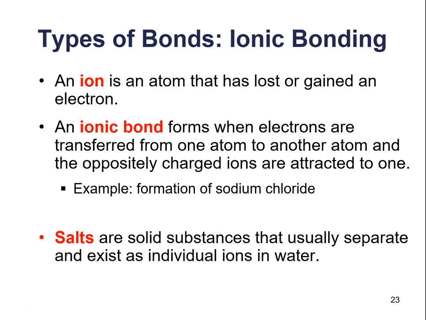The first one we're going to talk about is ionic bonding. An ion is an atom that has lost or gained an electron. So think about that: if it loses or gains an electron, now it's going to have a charge. It's no longer going to be neutral. In an ionic bond, electrons are transferred from one atom to another atom, and the oppositely charged ions are attracted to one another.